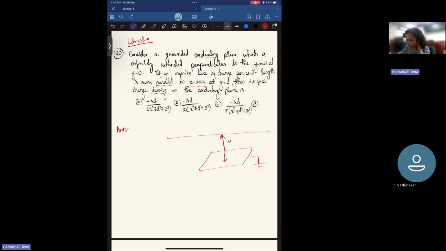So this is y equal to d, and the charge per unit length is lambda. Then what is the surface charge density on the conducting plane because of this configuration?